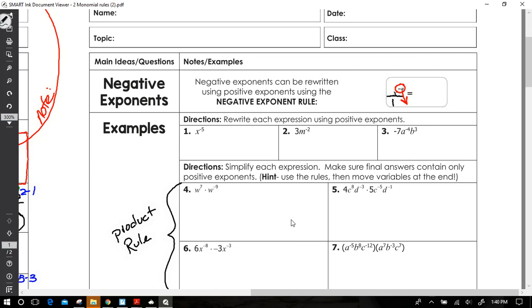So here's what this would end up looking like. My base gets moved to the bottom, and the value of the number, like if it's a negative 2, is going to stay a 2. But now when I moved it down there, it became positive. All right, it becomes positive when you move it down there. Let me just write that a little neater.